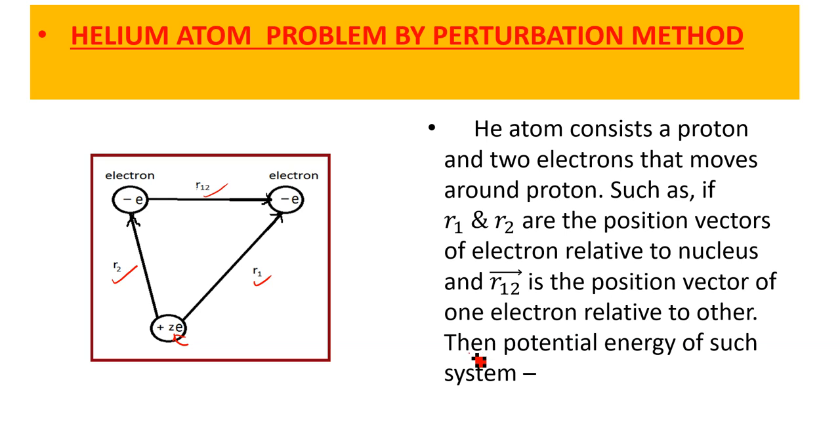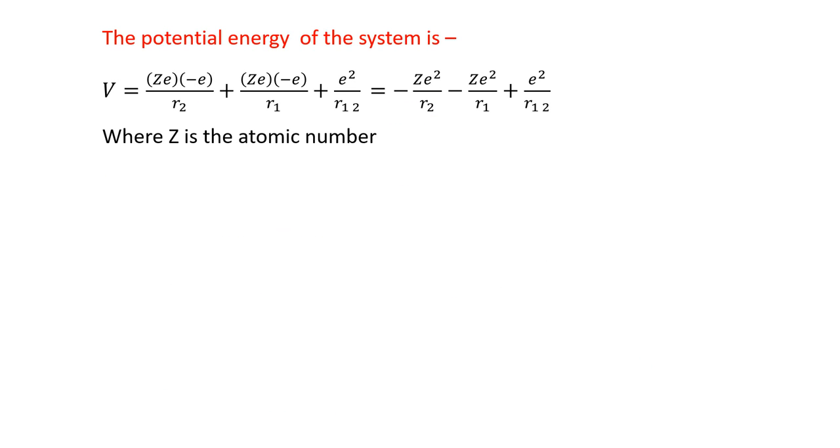Then the potential energy of such a system is given by V equals minus Ze squared upon r2 minus Ze squared upon r1 plus e squared upon r12, where we have ignored the constant 1 upon 4 pi epsilon naught.